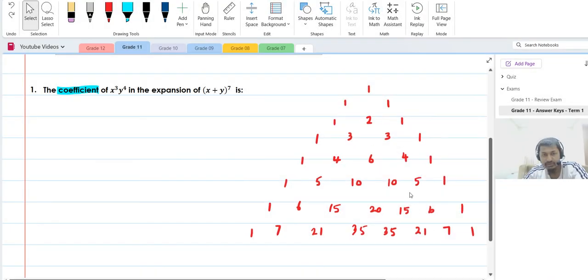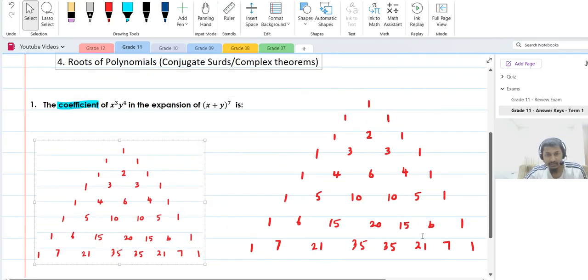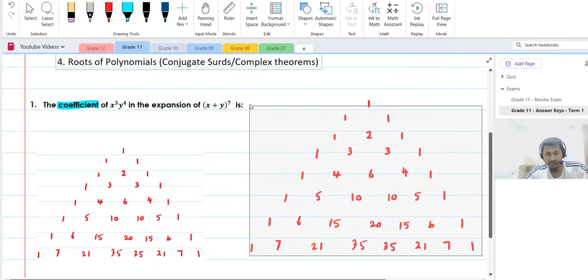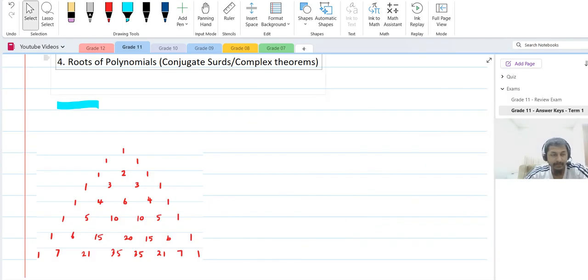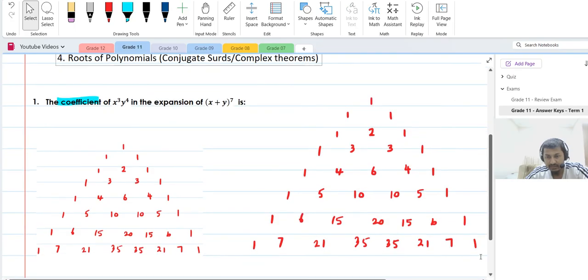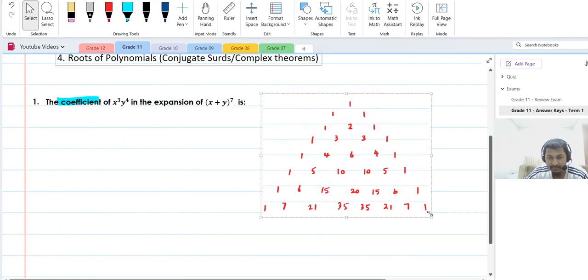And guys, if you want to the power 8 to the power 9, you just need to keep on expanding. Just trying to make this triangle smaller. Let's take all of this out. Now we have the Pascal's triangle.